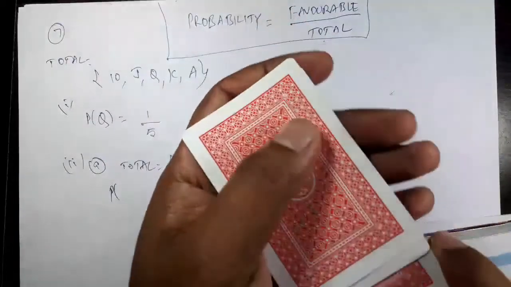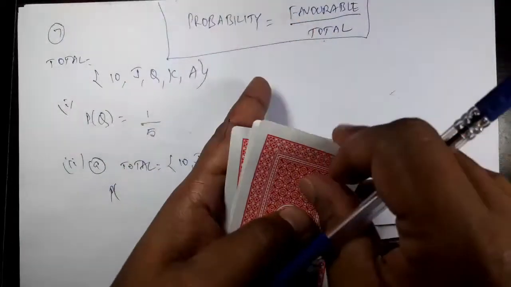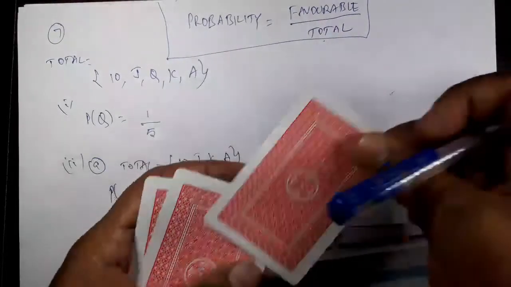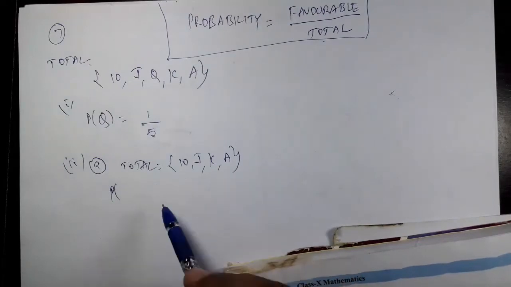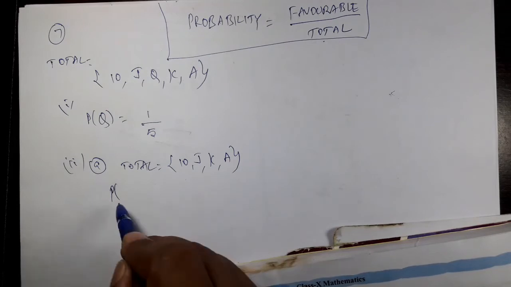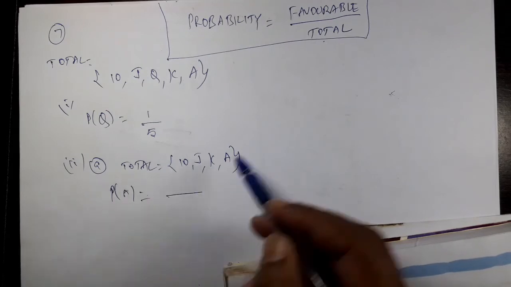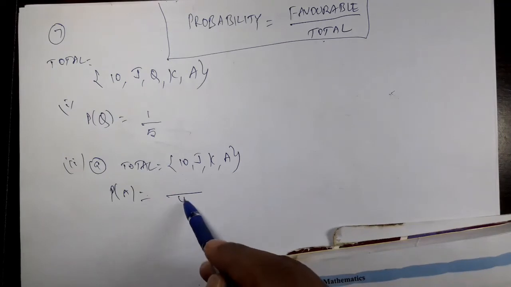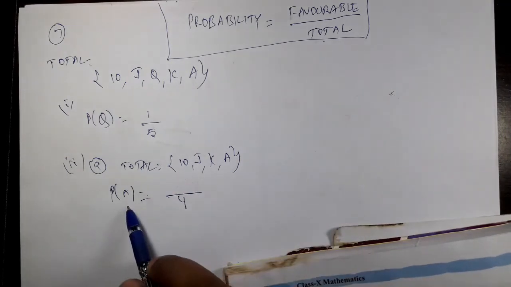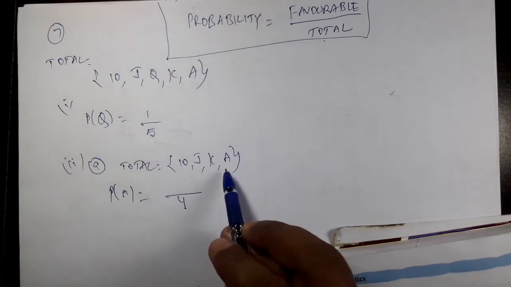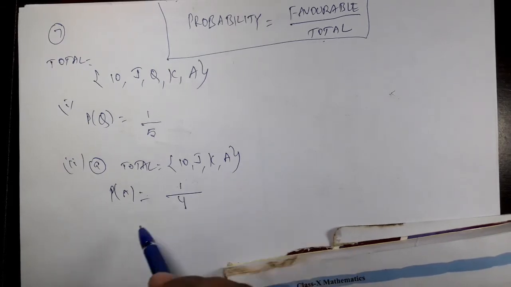You have shuffled these 4 cards thoroughly. Now you are selecting one card, right? Can you say what is this card? This may be any of these 4 cards, right? So of course, what is the question here? That should be an ace. Probability of getting an ace. Now tell me what is the denominator? Total. Total here is, in this case, 4. Coming to numerator, how many of these 4 are favorable? Ace. How many ace are there? Only one ace is there. So it is 1 by 4, right?